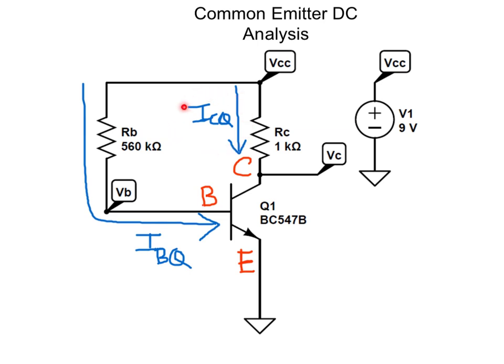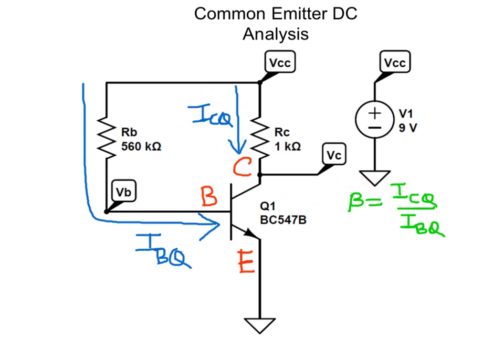The ratio of the collector current to the base current is called the common emitter current gain. The common emitter current gain is usually denoted by the Greek letter beta. We can think of beta as the amplification factor by which the transistor Q1 amplifies the small base current into the much larger collector current.